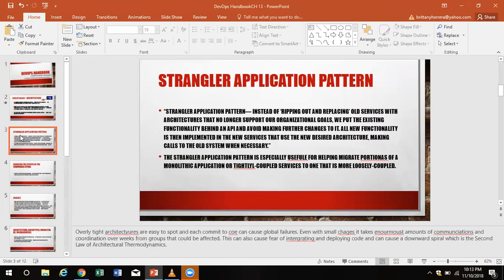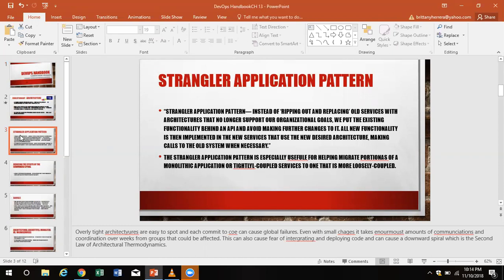The strangler application pattern: instead of ripping out and replacing old services with architectures that no longer support the organizational goals, all the new functionality is implemented in new services. They put the existing functionality behind an API to avoid making further changes to it.